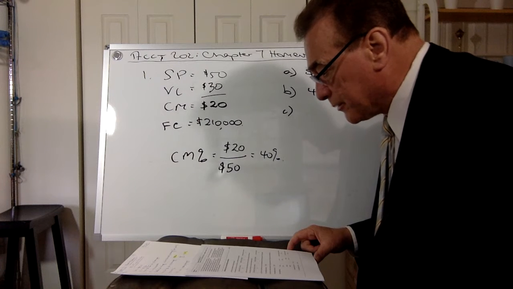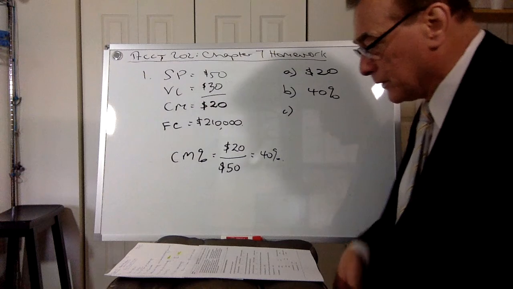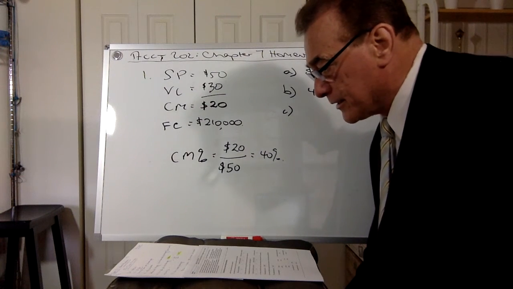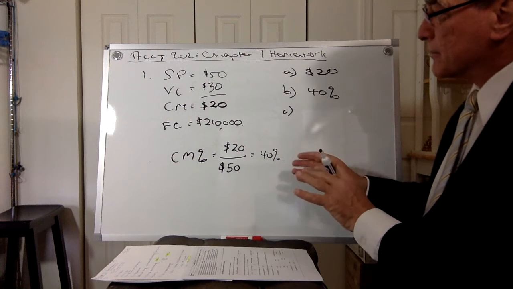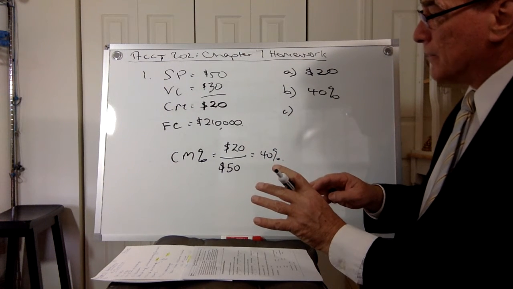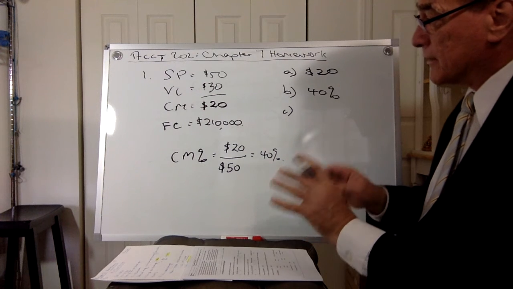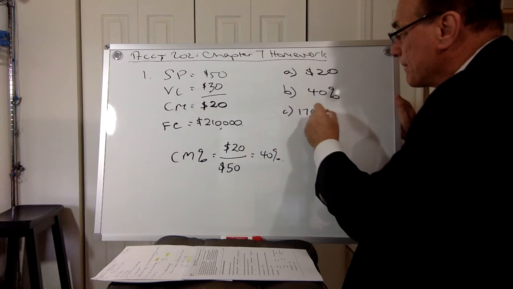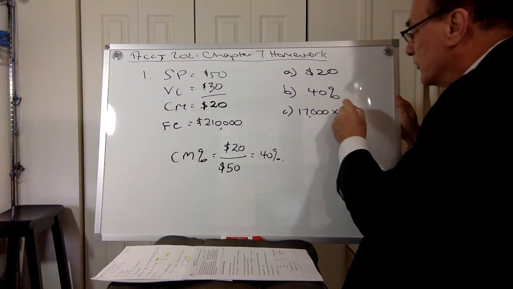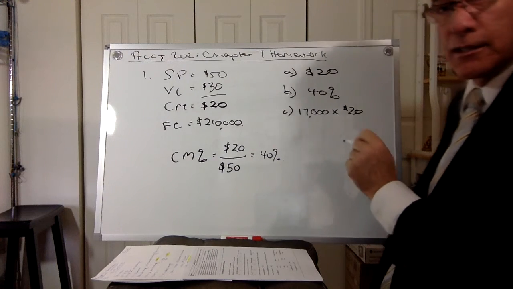Use the unit contribution margin to project operating income if monthly sales total 17,000 passengers. Now we could say 17,000 times the selling price, subtract 17,000 times the variable cost, gives us contribution margin. But the easiest way to do it is just to say, we'll take 17,000 tickets times the contribution margin per ticket, $20.